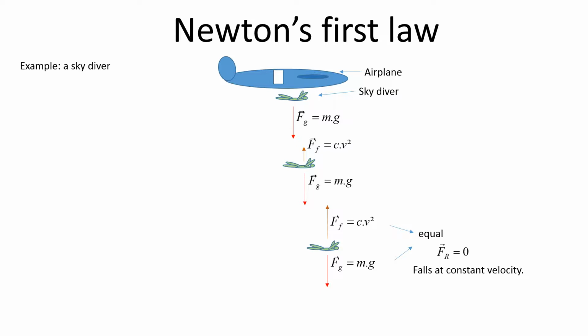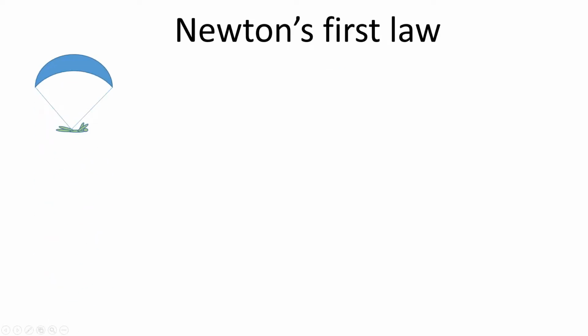Now what happens when he opens his parachute? Let's take a look. The skydiver opens his parachute. The gravitational force is still the same, but this time the frictional force is much bigger because his C value is also much bigger because of the form his parachute has. It's much bigger than a small skydiver. Now, this force is bigger than this one. He does not go upwards suddenly, but the net force is upwards, so he slows down.